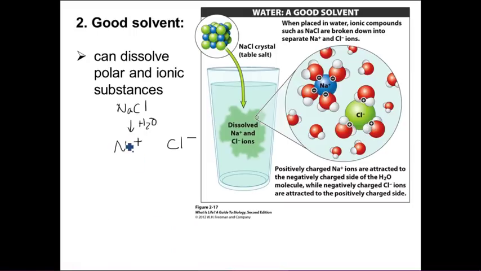For the sodium, it's positively charged, so that's going to attract the negative end of the water molecules. Remember, this has a partial negative, and they make hydrogen bonds with it. And it's just going to do that all the way around that sodium. It kind of makes a bubble of water around it, and that's called a hydration shell.